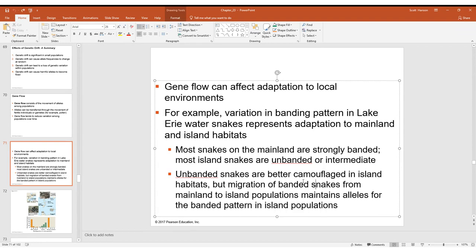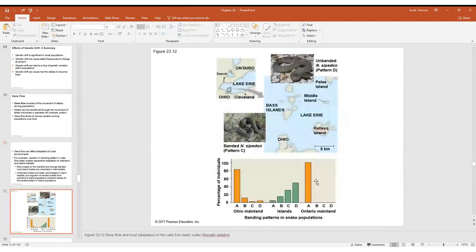But migration of banded snakes from the mainland to the islands maintains alleles for banding in the island populations. So here's a banded one from the mainland, and here's one from the island population, and you can see the banding patterns. On the Ohio mainland, there's much more banding than there is on the islands or on the Ontario mainland.